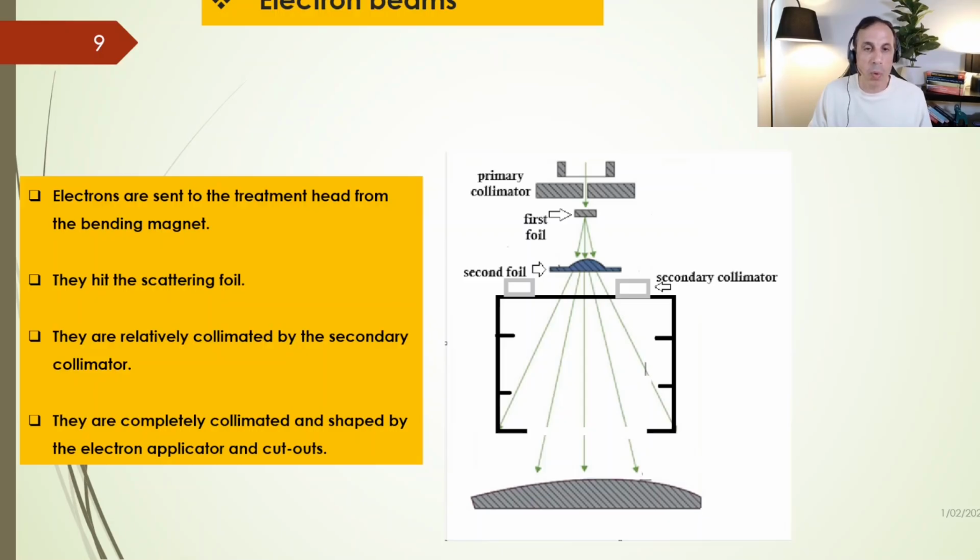Both of these foils are a part of the scattering foil system. Finally, the electron applicator, which is just below the secondary collimator. And then at the end of the applicator we will have the custom cutout which precisely collimates and shapes the electron beam to the exact treatment field size required for every patient.